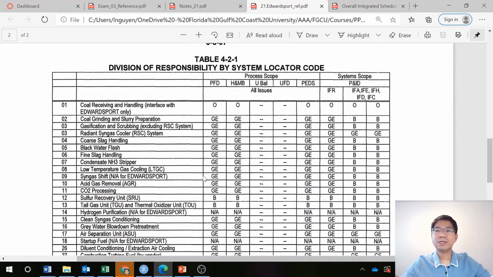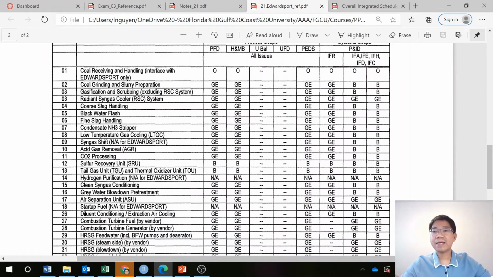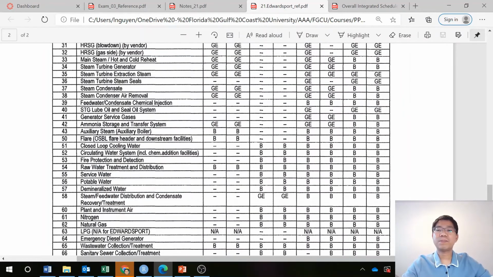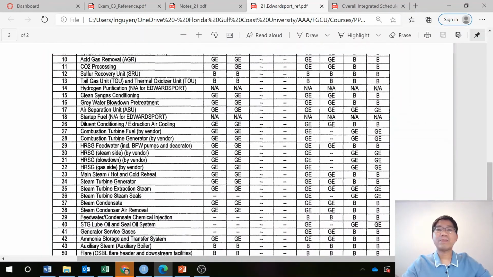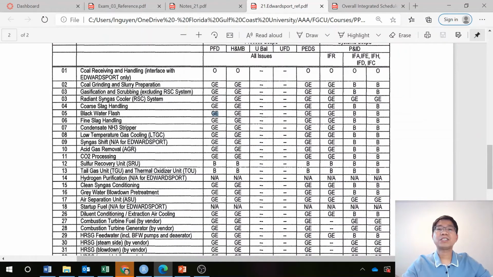And as you can see, you can just pick any of the work that we have. For example, number 5, black water flash. It means the water needs to be treated, and the responsible party for the PFD, what is PFD? Process flow diagram. It will be taken care of by General Electric. And then when you go to the work issued for construction, IFC, issued for design, that will be Bechtel.